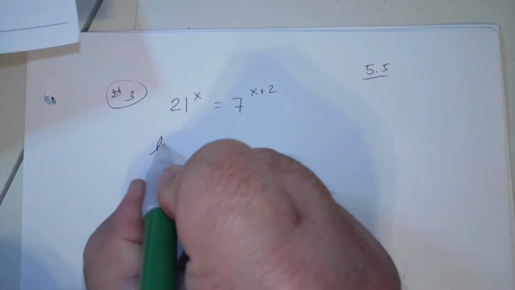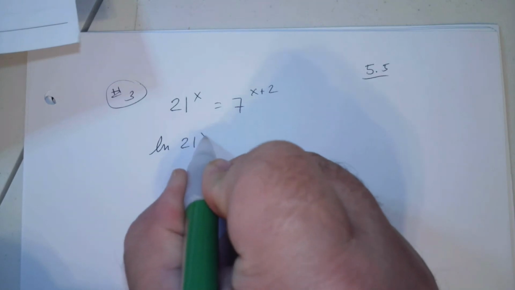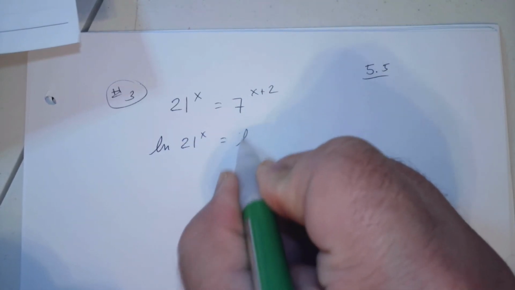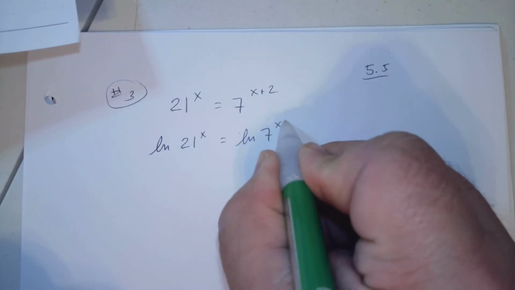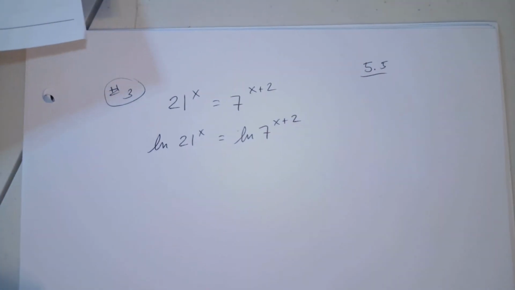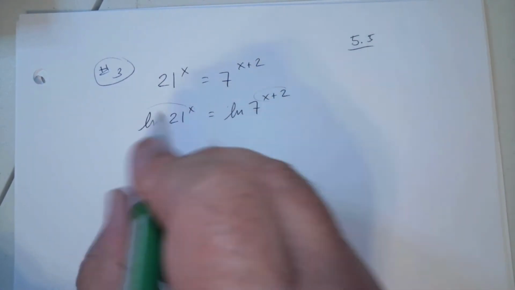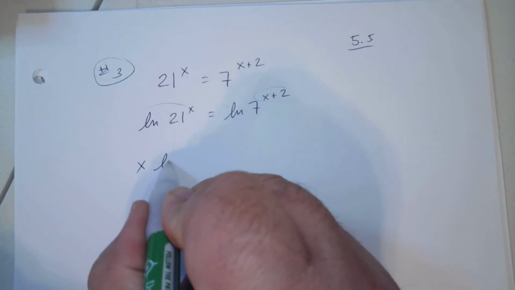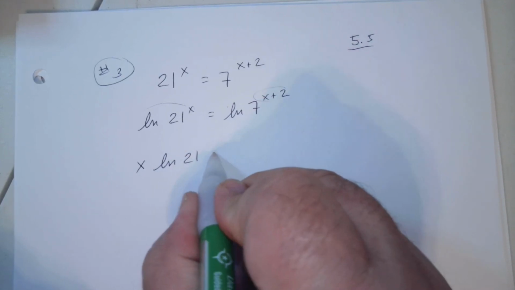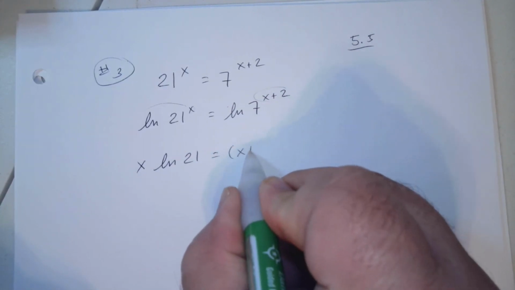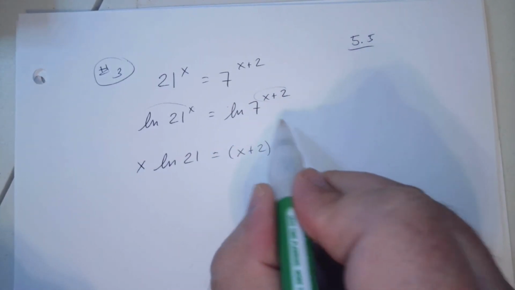So we take the ln of both sides. We can't have exponents, so the exponents come out in front. So we have x ln 21 equals x plus 2. Keep that in parentheses because it's one number.